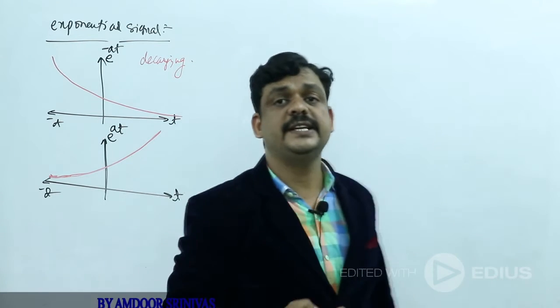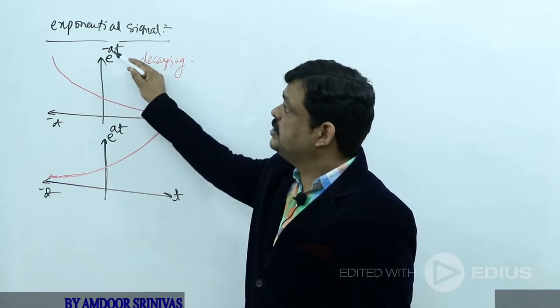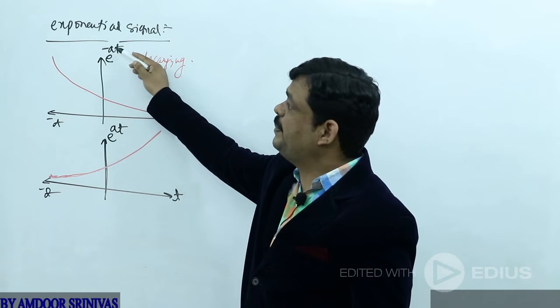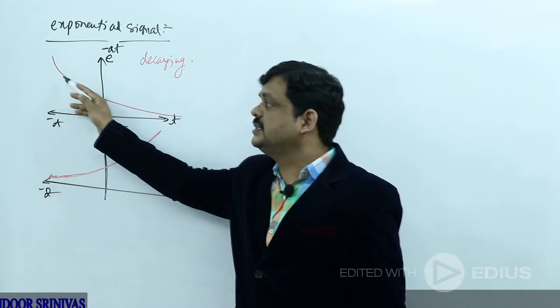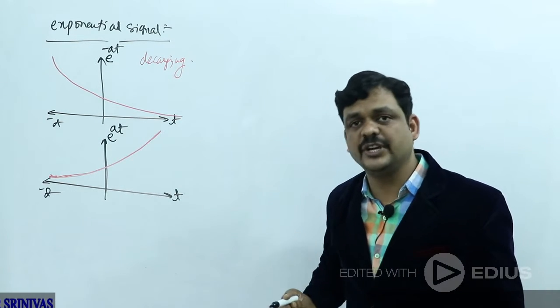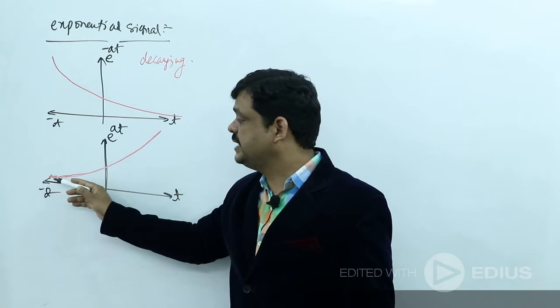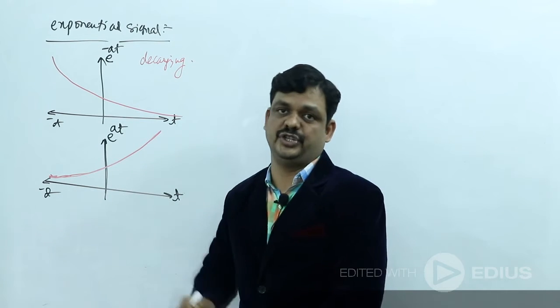Minus a means a negative value. If the exponential power is negative, then this acts as an exponentially decaying function, and if the power of the exponential signal is positive, then it acts as an exponentially increasing function.